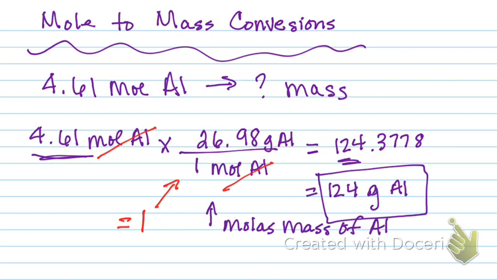All right, let's do one more. If you get it, great. You can just kind of follow along with us here for just a second, okay? Because we're going to do a mass to mole conversion.